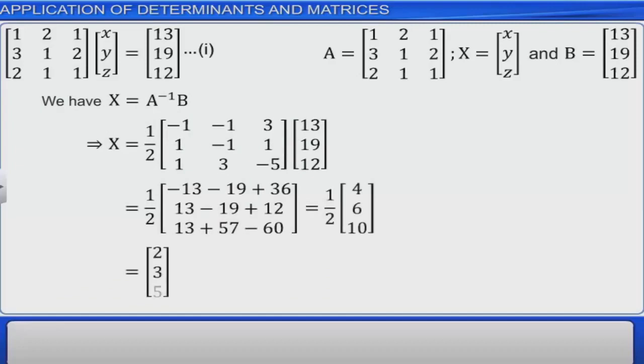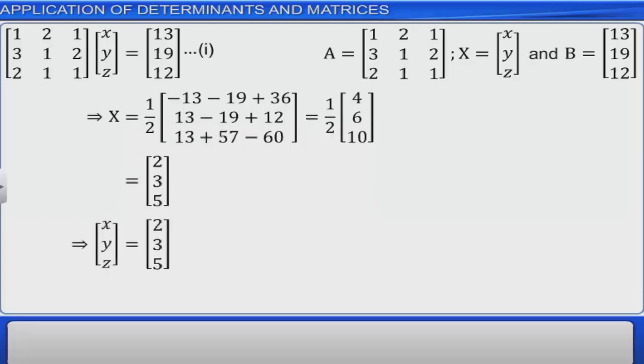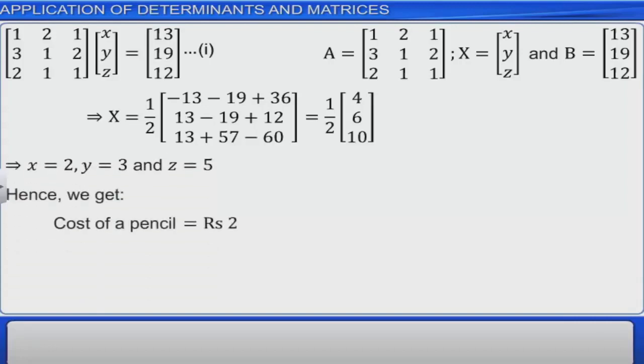This implies that X = 2, Y = 3, and Z = 5. Hence the cost of a pencil, an eraser and a sharpener is 2 rupees, 3 rupees, and 5 rupees respectively.